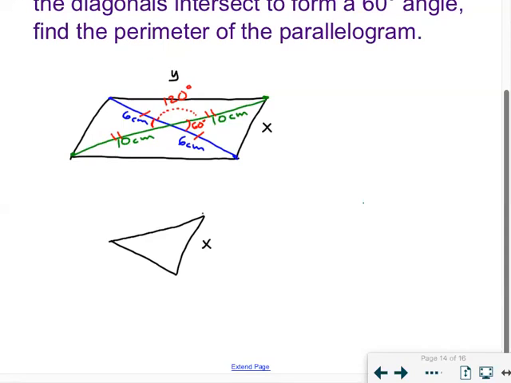This side length here measures 10 centimeters. This side length here measures 6 centimeters, and the angle in between the two side lengths is 60 degrees. Look at this, that's a side-angle-side scenario. That's a safe law of sines situation.